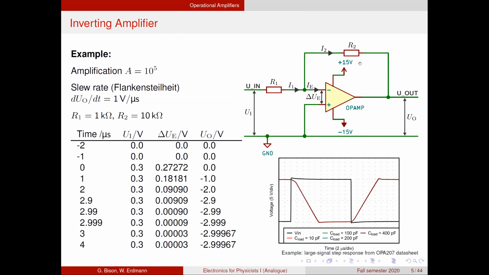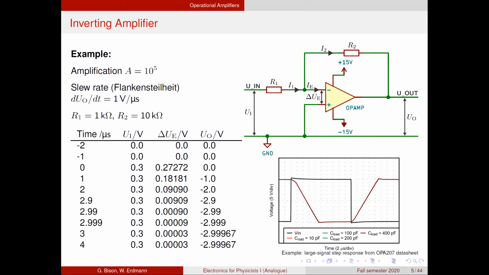And the positive input of the op-amp is connected to ground. Now, as a really first step, I'd like to go through what happens if we change this input signal from 0 to some voltage. So let's have a look at this table.